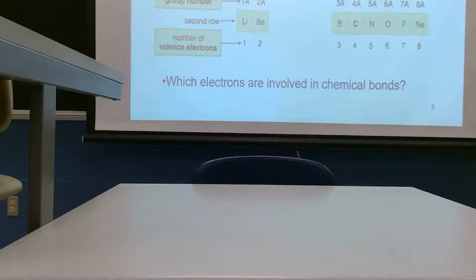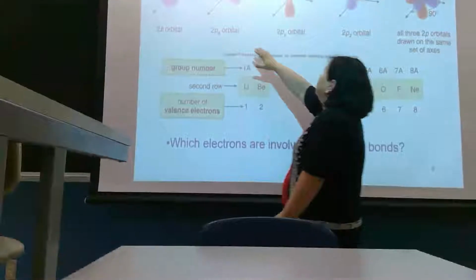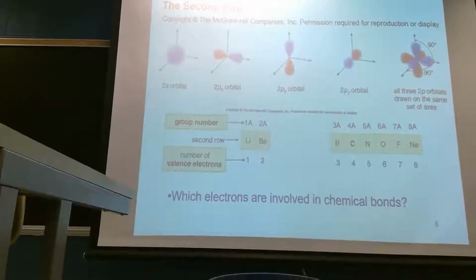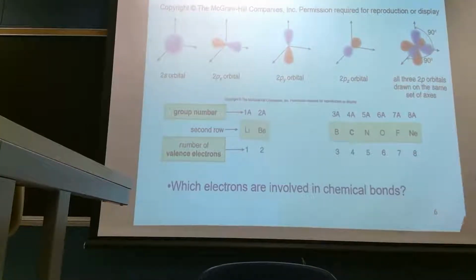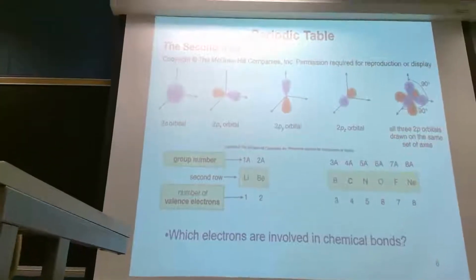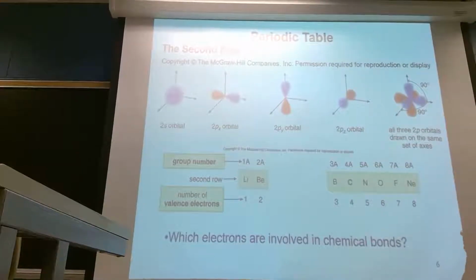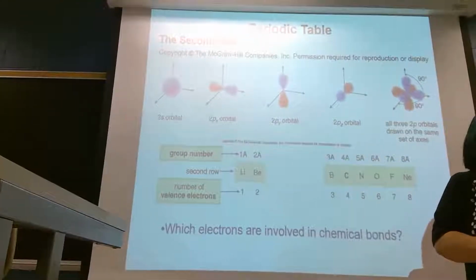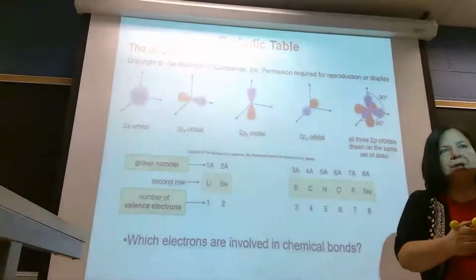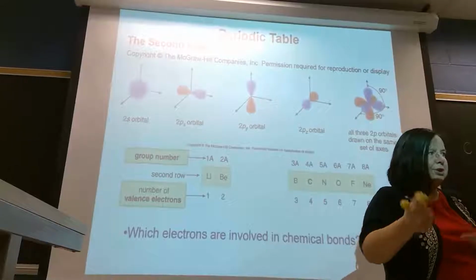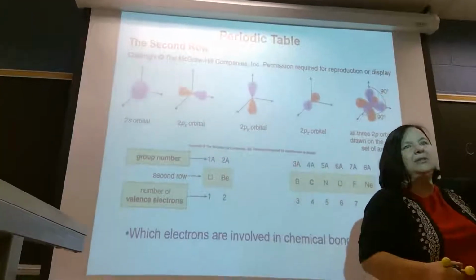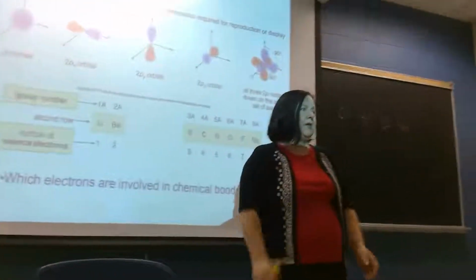So the second row will have 2s and 2p orbitals. In organic chemistry, we will mostly only talk about S and P. We will not talk about the D and F orbitals, because we will mostly talk about elements in the first and second row.